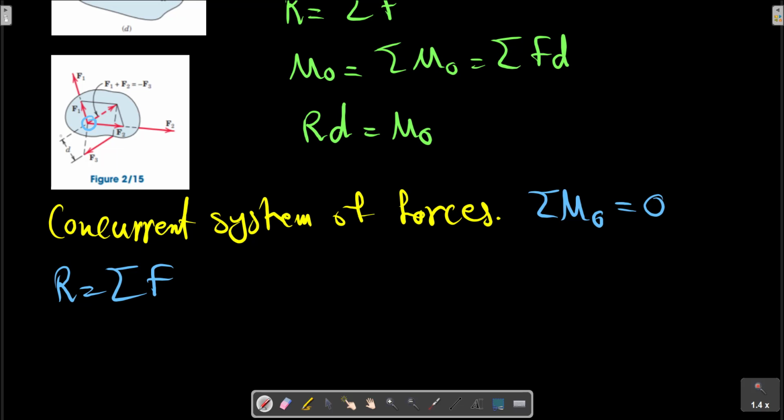The three forces in the figure shown here, for instance, have a zero resultant force but have a resultant clockwise couple M equals F3 d. This is because F2 and F1 have no moment about point O.